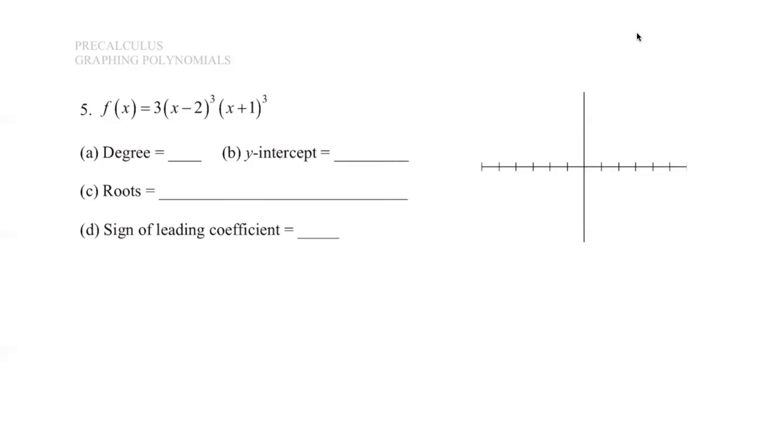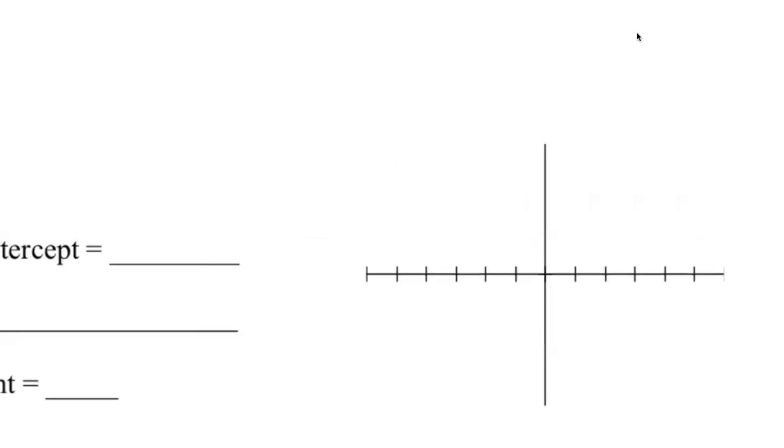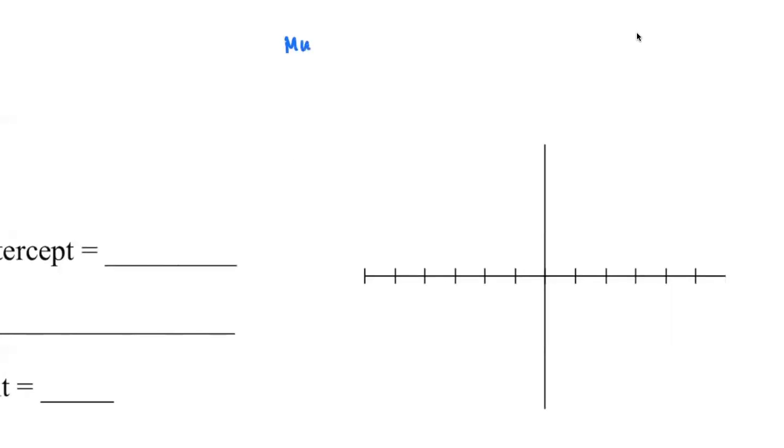Okay. Now, the whole multiplicity of 3 is very straightforward. When the multiplicity is equal to 3, the graph, well, let me go ahead and use black lines here to indicate just the root, okay?